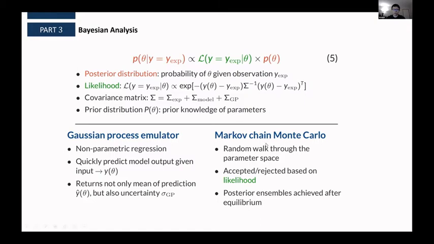And the Markov chain Monte Carlo is to perform a random walk through your model parameter space and extract the posterior distributions of your model parameters.